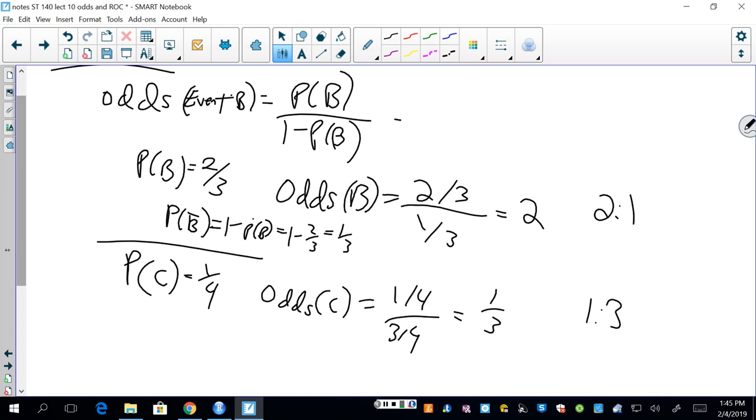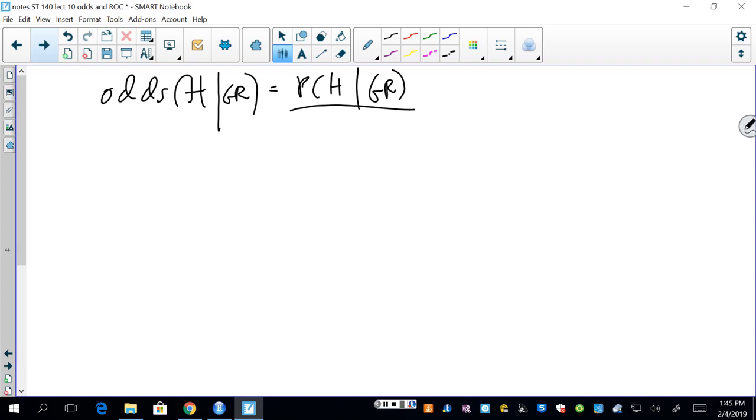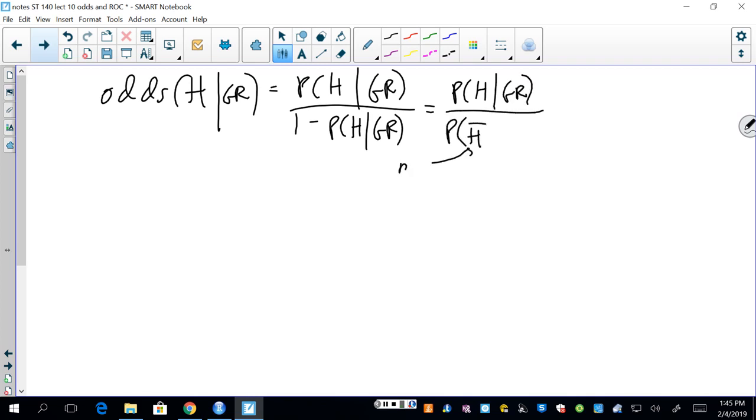And so we can look at the odds of having hip dysplasia among these two groups. So the odds of hip dysplasia among the golden retrievers, again, we can do this conditional, is the probability that we have hip dysplasia among the golden retrievers over 1 minus that. It's also the probability of hip dysplasia among the golden retrievers over the probability that they don't have the abnormal hips among the golden retrievers.